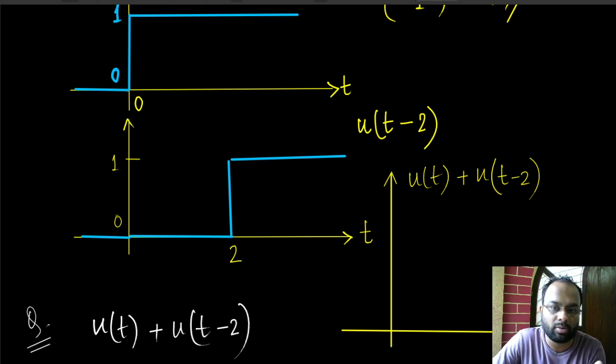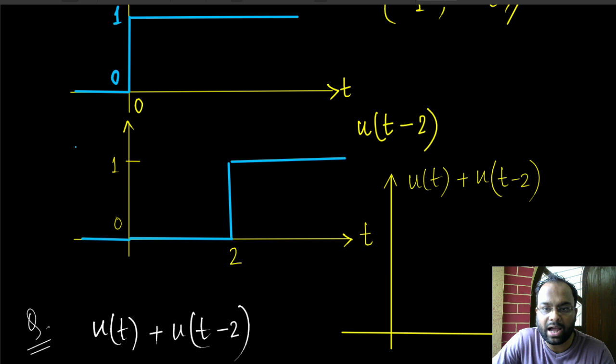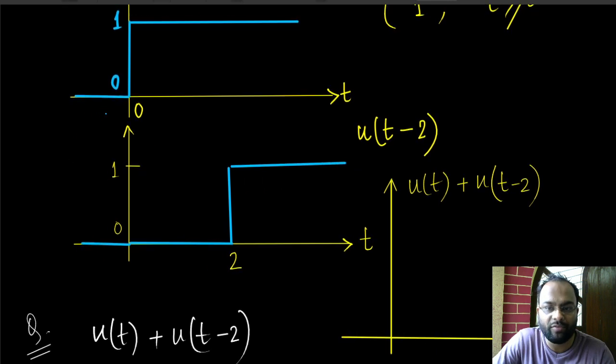When time is less than 0, both the signals have a value of 0. So the sum will also have a value of 0. I think that's quite easy to understand, right? Both the signals will have a value of 0 before time t is equal to 0.